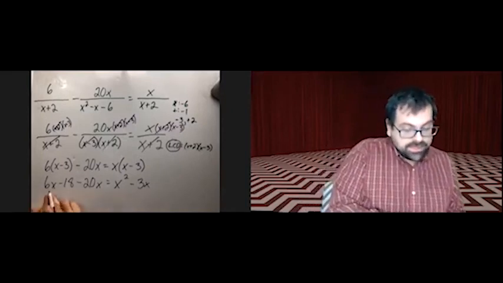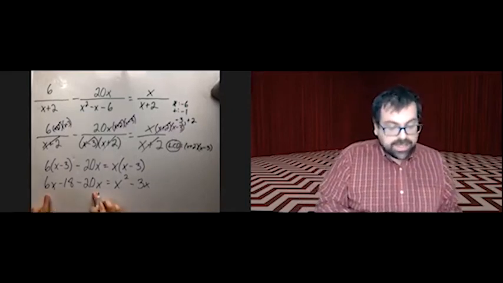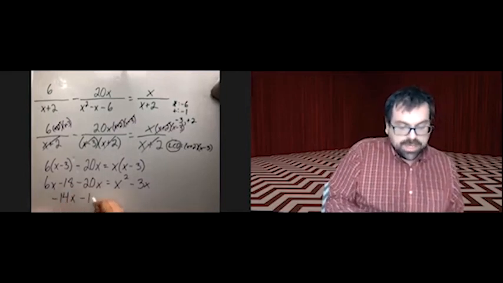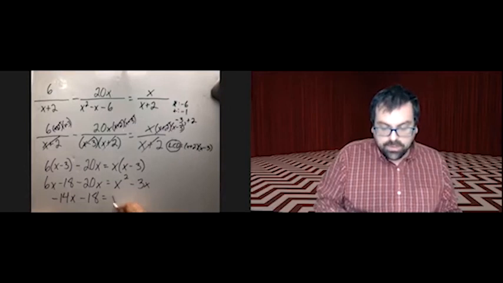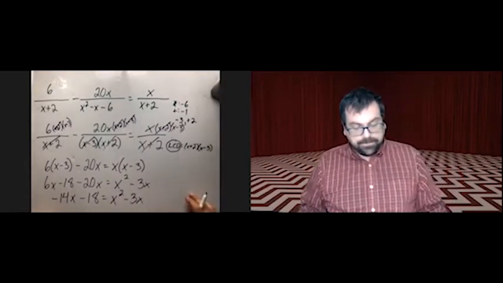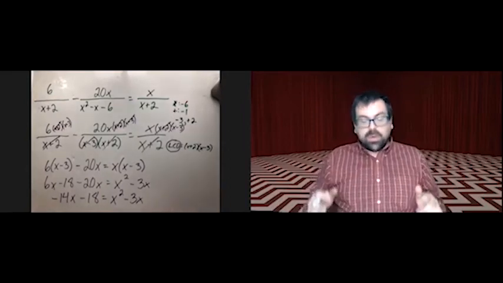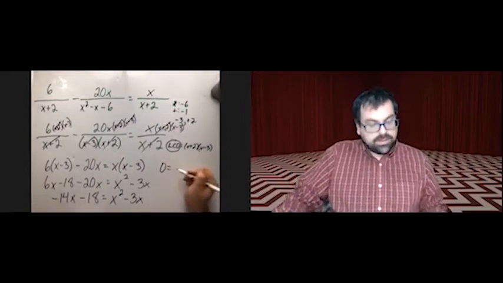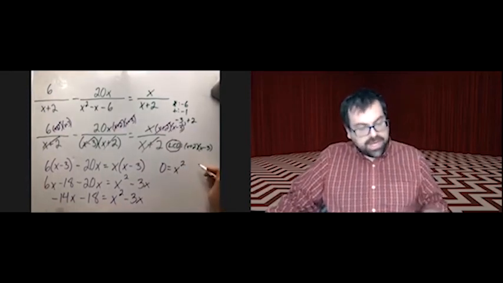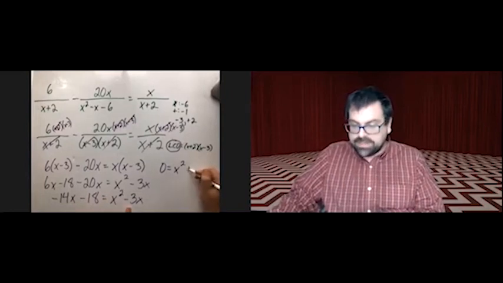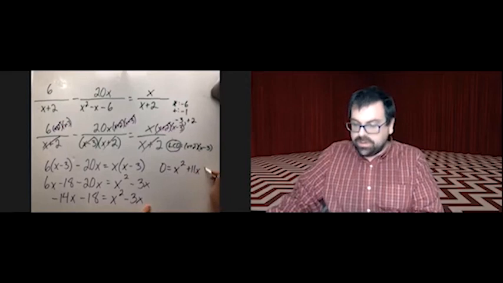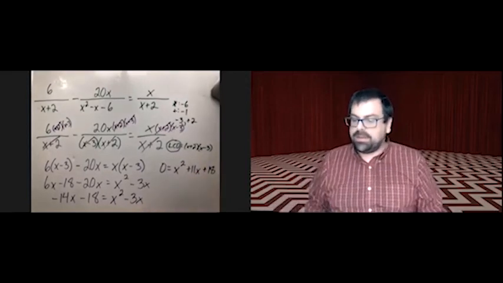Combine like terms, 6x minus 20x is negative 14x, minus 18 equals x squared minus 3x. Let's get everything on one side, 0 on the other. So we're going to add the 14x over, negative 3x plus 14x is plus 11x. Add the 18 over, plus 18.